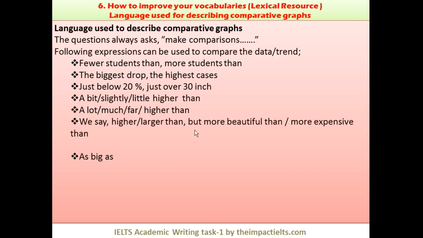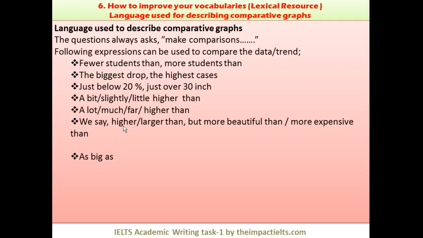Then these are simple: higher than, larger than, but more beautiful than. That's again a very basic rule. I'm not going into the details, because there are many exceptions and you have to understand syllables, and I don't want you to get into that.